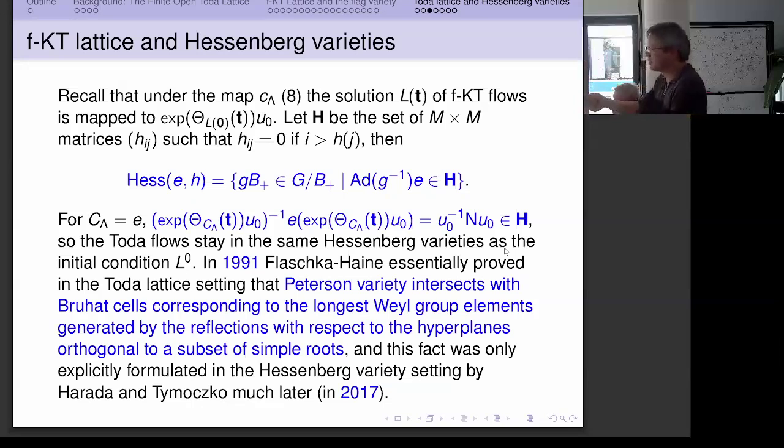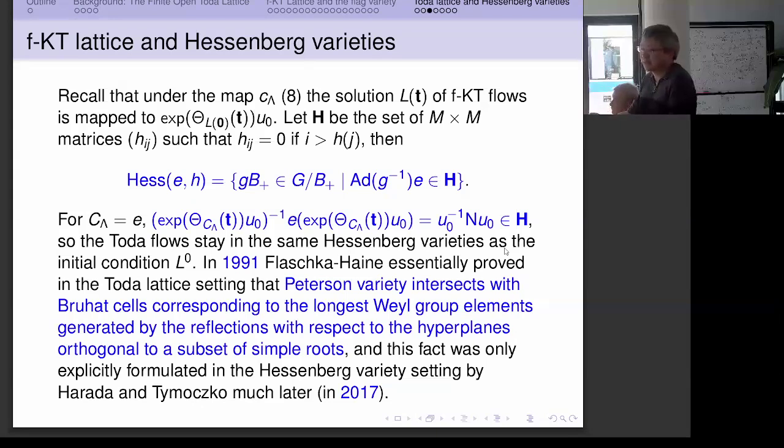For example, we made this observation. In the Kostant-Toda lattice, we know that in 1991, Ercolani, Flaschka, and Singer already knew that the Kostant-Toda lattice solution will hit some smaller group of cells.